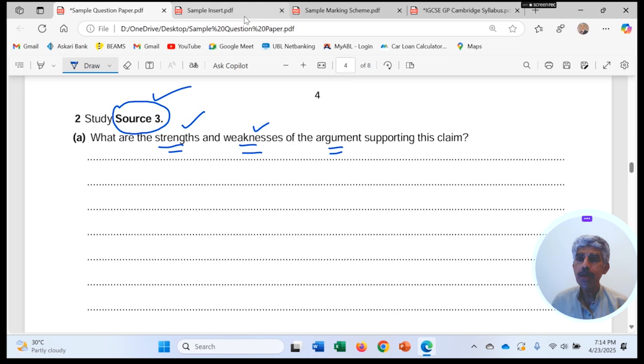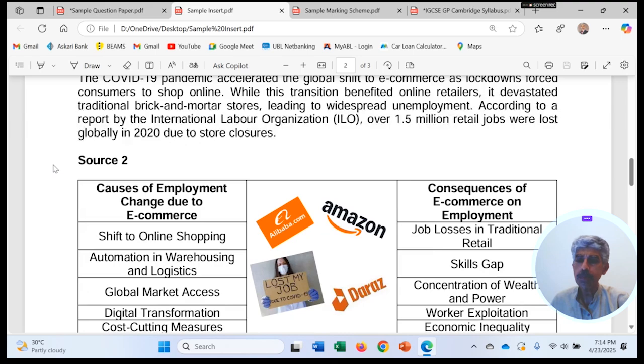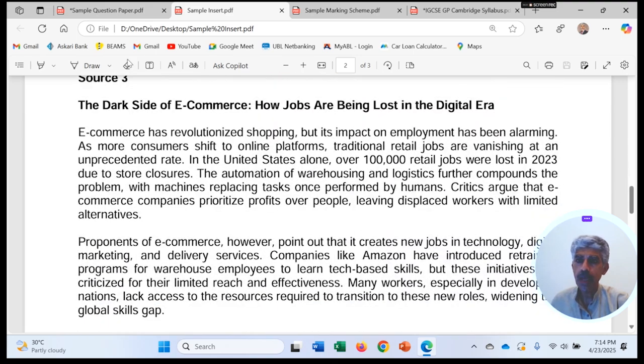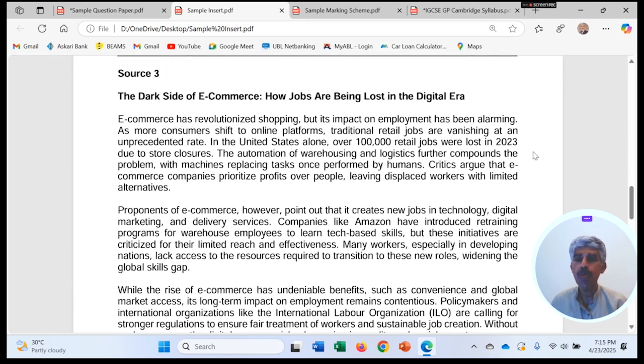So if we go to source 3, here it is. It is a small extract. It can be from a newspaper, a blog, an article, a speech, conference proceedings, or an address by any person anywhere.